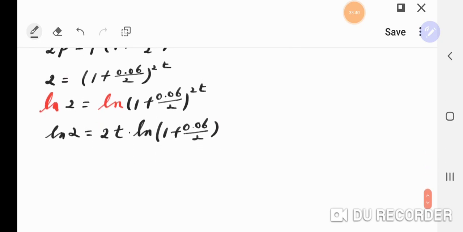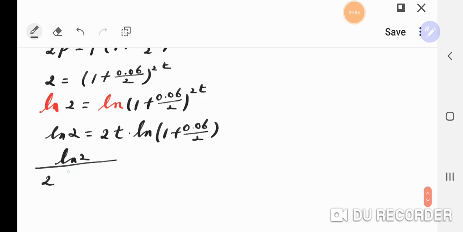In order to find t, we can divide each side by 2 and the natural logarithm of 1 plus 0.06 over 2. So this will be the t value.